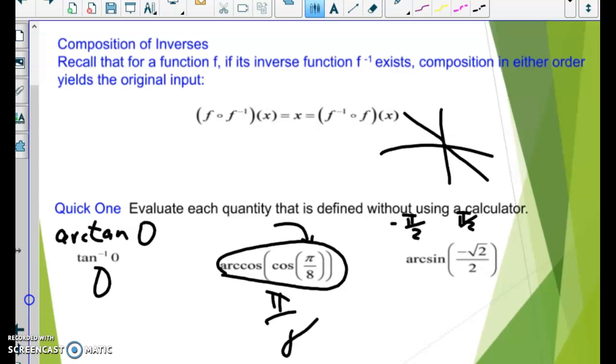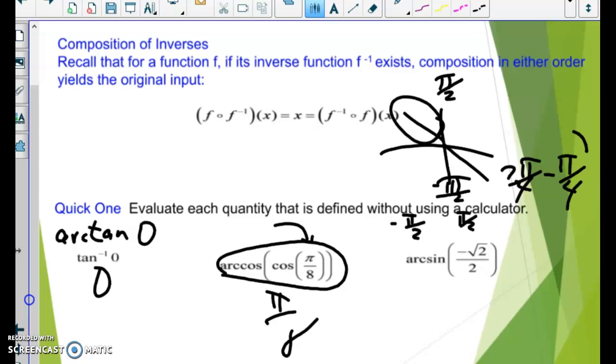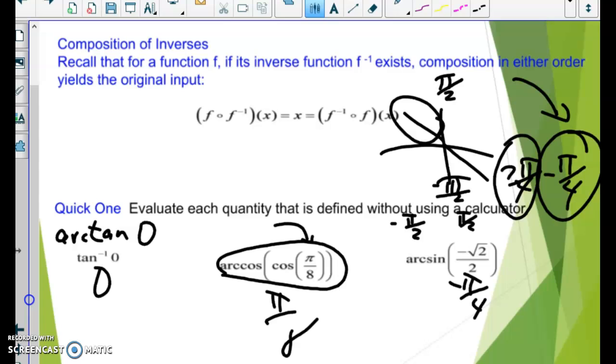So the angle we pick can't be this one, because that's past pi over 2. And we can't say 7 pi over 4, because that's not where it's defined. It's defined at its coterminal angle of negative pi over 4. So even though they are the same address, the same place on the unit circle, you have to use the right name.